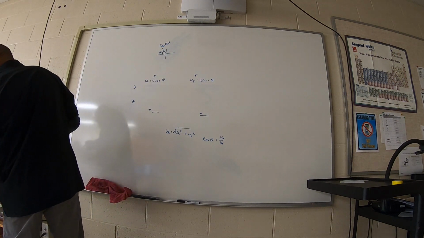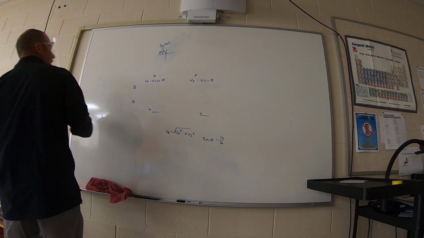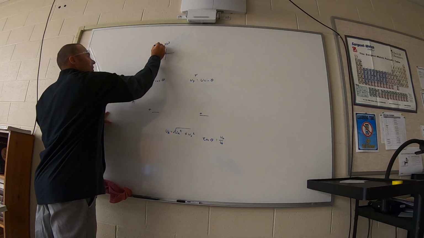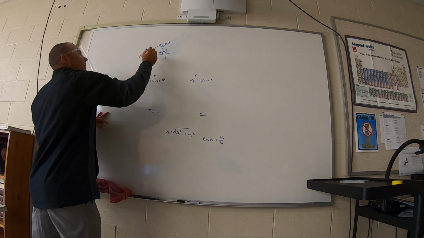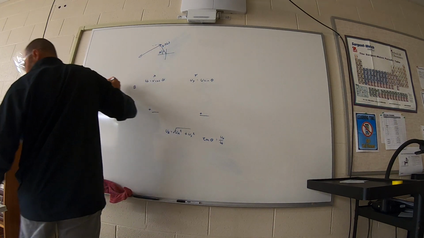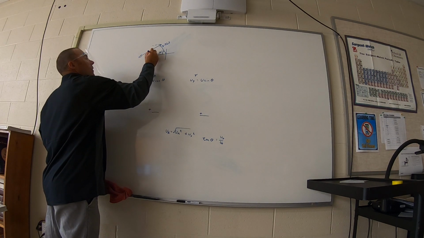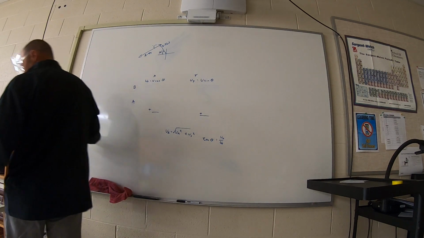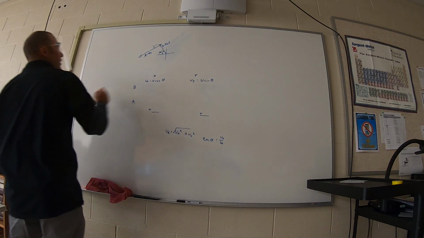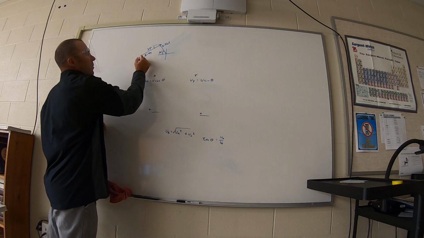And then minus A, instead of going up and to the right, is going to go down and to the left. So minus A is going to look like that. And the angle here, what is A? 44. And the angle there is 28 degrees below the x-axis. So the resultant is somewhere over here.